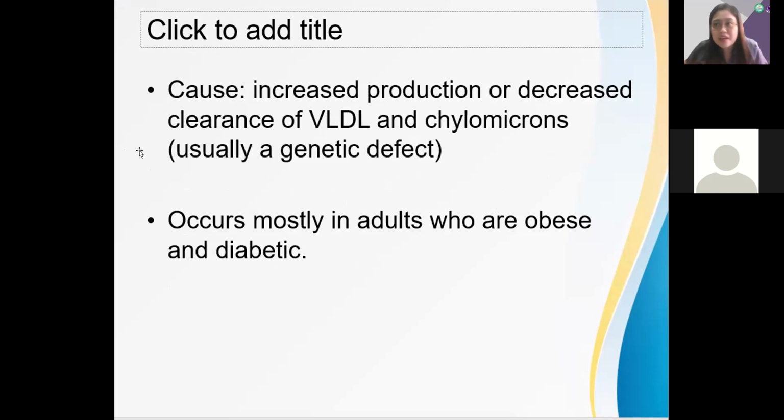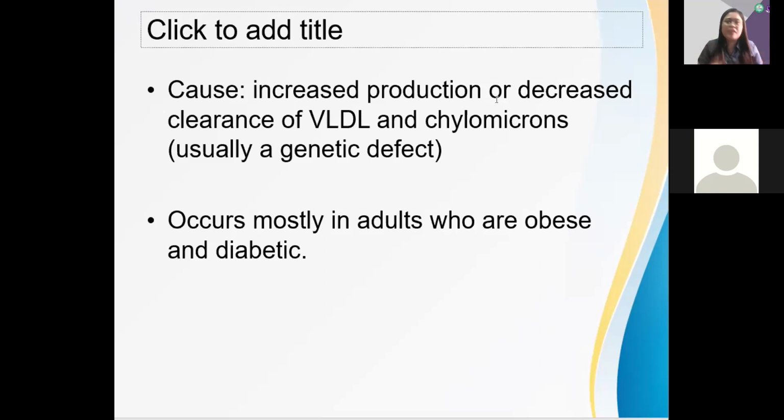So, what is the cause nga nung magtaas ang triglyceride? There will be increased production or decreased excretion of the VLDL and the chylomicrons. So, mo na siya nga mixed ha kay duha, VLDL and the chylomicrons. And this is usually because of a genetic defect. So, siya, ang ato ang mga pagtaas sa mga lipid levels, it's all about the genes.